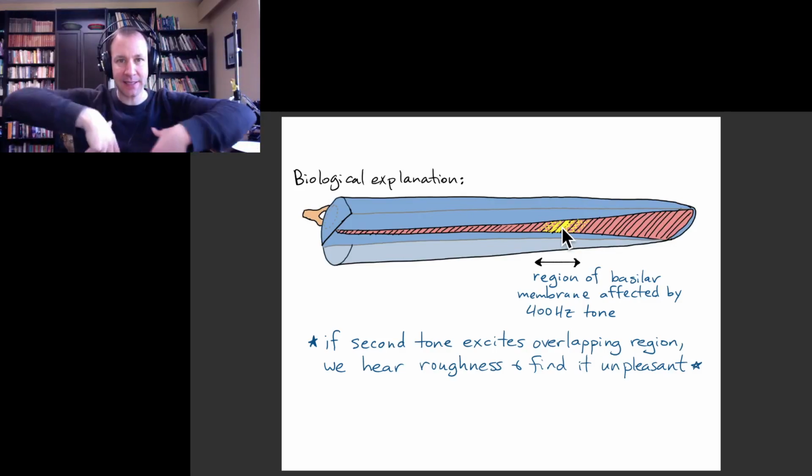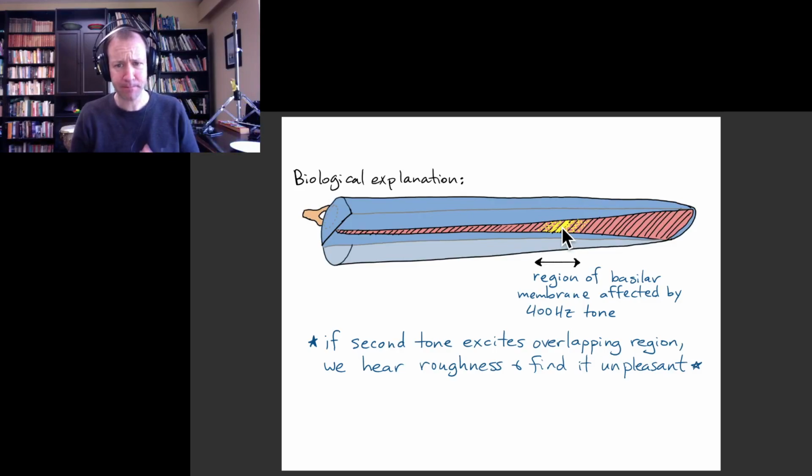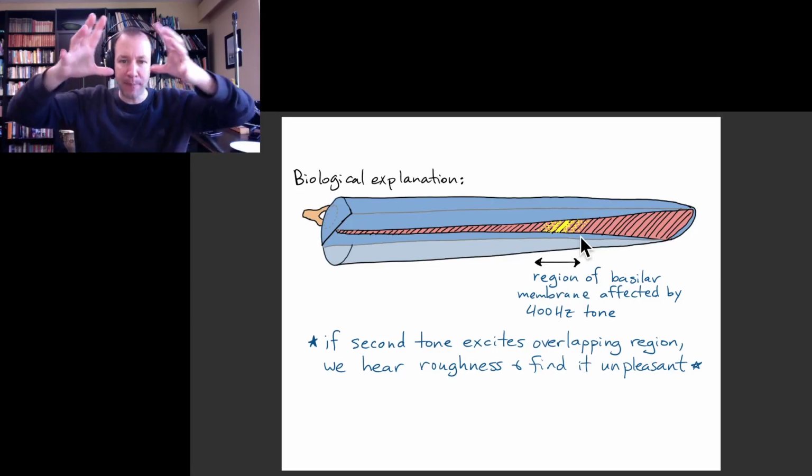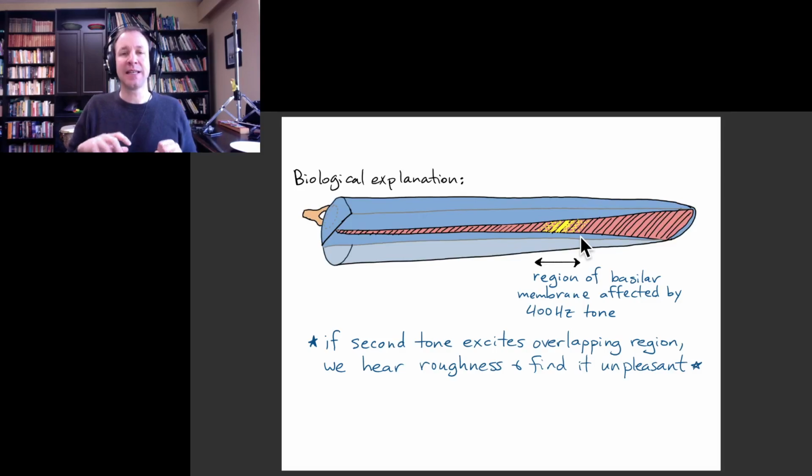And in terms of the signals going to our brain, there are nerve signals coming from the central region as well as these neighboring regions. So there's a whole band on our basilar membrane that is excited. It's most excited in the middle.